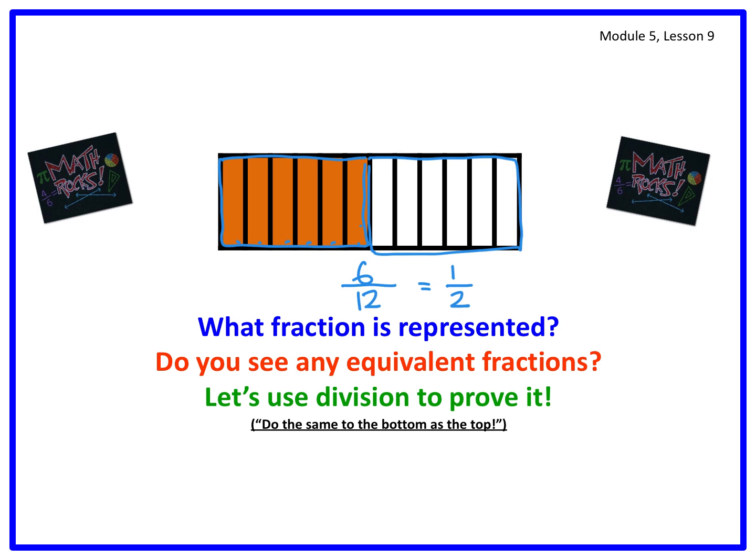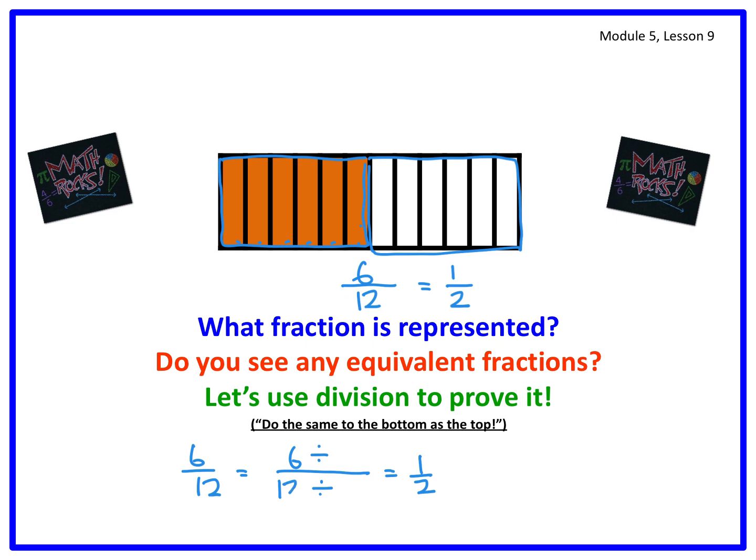If I'm going to do division to prove it, division works the same way as our multiplication. Multiplication, if you do it to the top, you have to do it to the bottom. Division, same thing. You do it to the top, you do it to the bottom. So we're going to start out with 6/12. I want to get to 1/2. And so I'm going to divide.